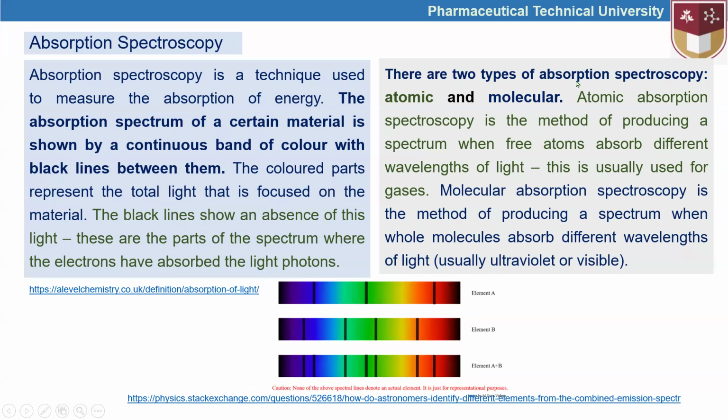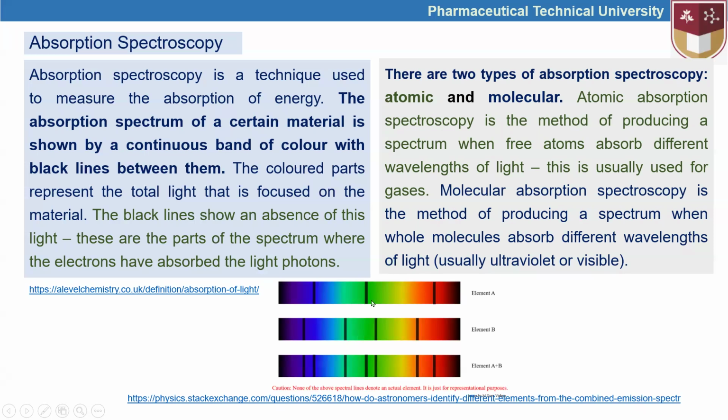There are two types of absorption spectroscopy, atomic and molecular. This means that both atoms and molecules have their absorption spectra. Emission spectroscopy is mainly about atoms, but in absorption spectroscopy, both atoms and molecules can be identified.